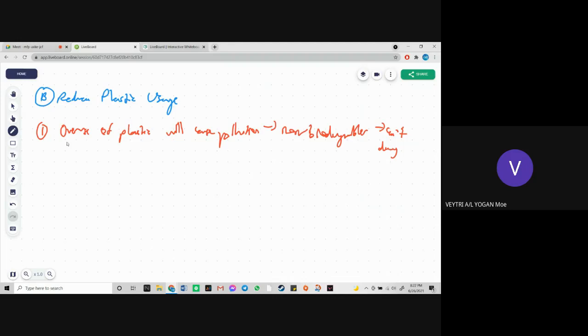Okay, next, number two is the making of plastic itself. This one you have to look at from a different point. The making of plastic itself uses a lot of energy and Earth's resources. Now before I move on, let's take an illustration.